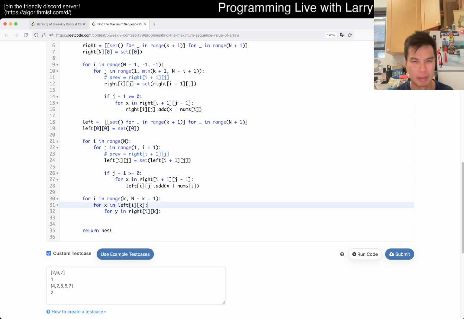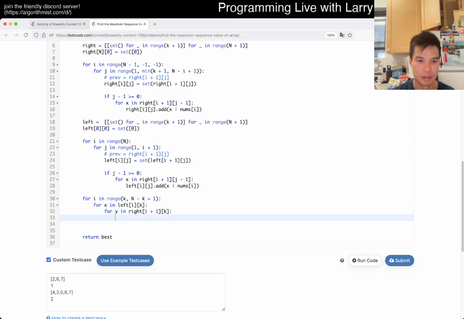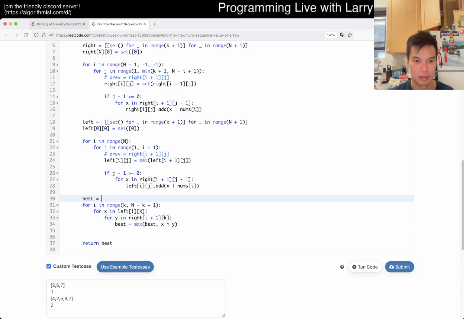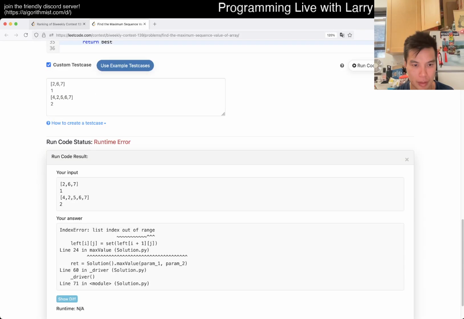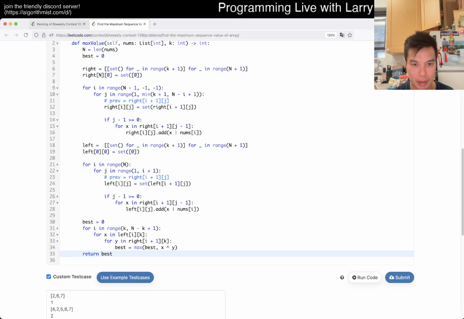I think this is right. Maybe it's off by 1. I don't know. Oops, this isn't even right. I copied and pasted sloppily.